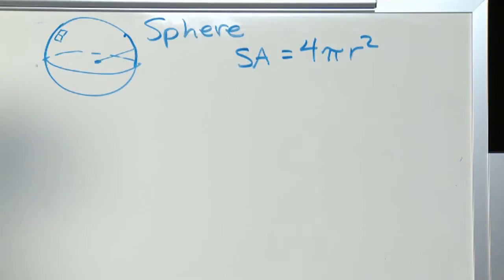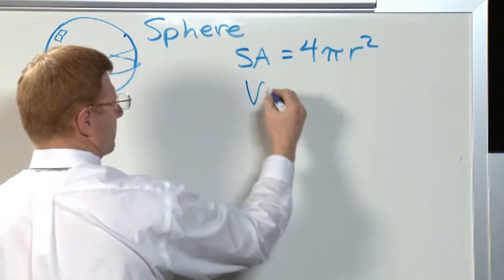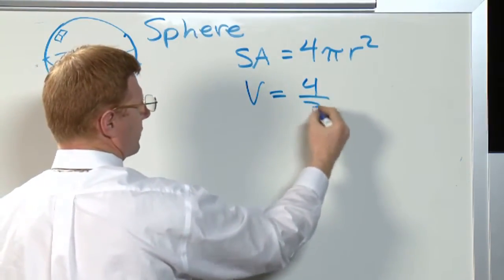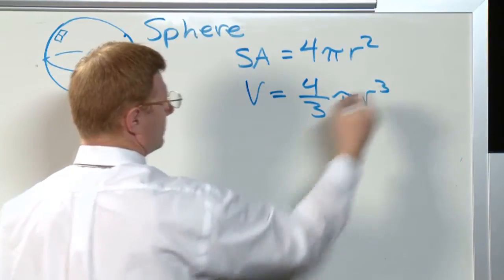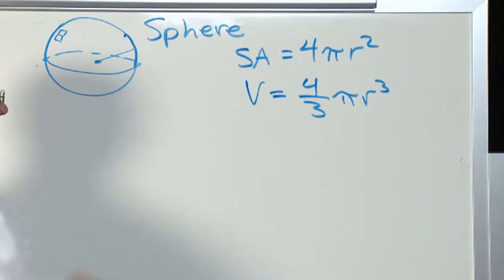That's one of them that we could use. You also have this formula: volume equals 4/3 pi r cubed. And you remember that these tell you the dimension of what's going on here.